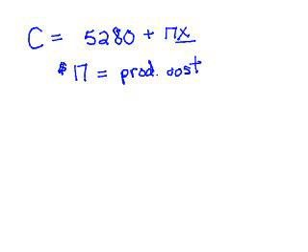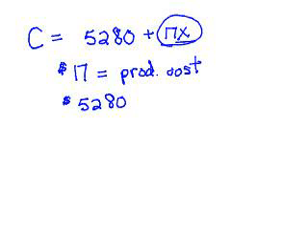Whereas the y-intercept, the 5,280, is what it would cost if we didn't produce any units at all. So if x is 0, then that means that was our setup charge. That's how much it cost us to get everything that we needed. Okay.